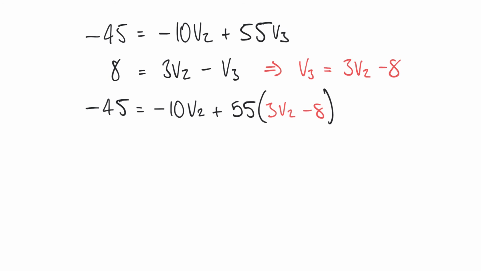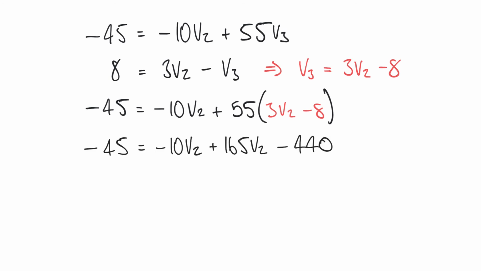And if we expand out the brackets there, we have minus 45 equals minus 10V2 plus 165V2 minus 440. And we can rearrange to say that 395 equals 155V2, just by adding 440 to both sides and combining these V2 terms, minus 10 and plus 165 V2.